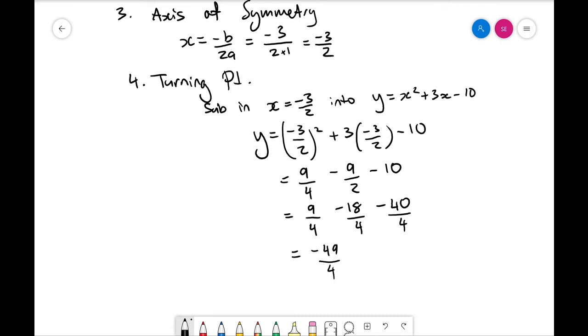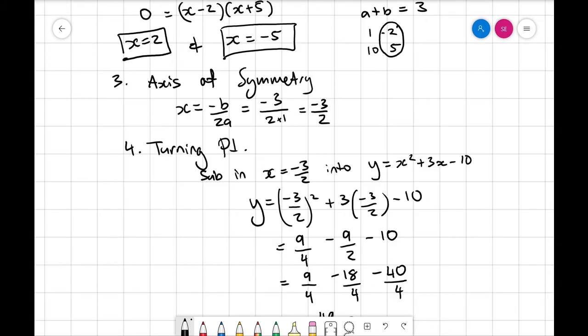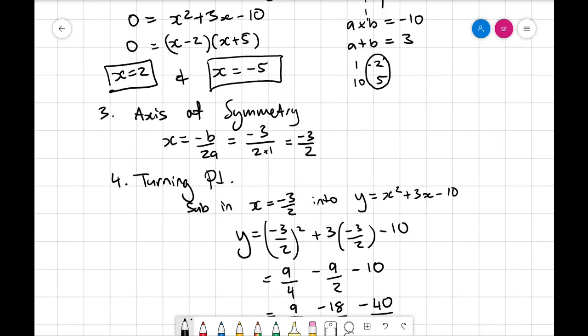Nine on 4 minus 9 on 2. Oh, right, okay. Yeah, so that's about minus 12.25. That makes more sense. So my calculations weren't incorrect, but I had a stroke.